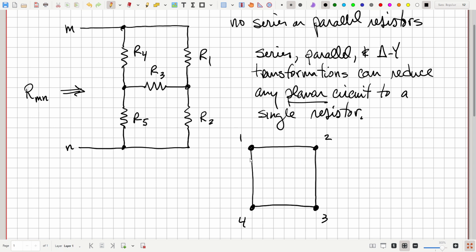If I also connected node 1 to node 3, that's still a planar circuit. What if I connect 2 to 4? Well, that would seem to not be a planar circuit because you've got two branches crossing. However, I can redraw the circuit so that they do not cross.